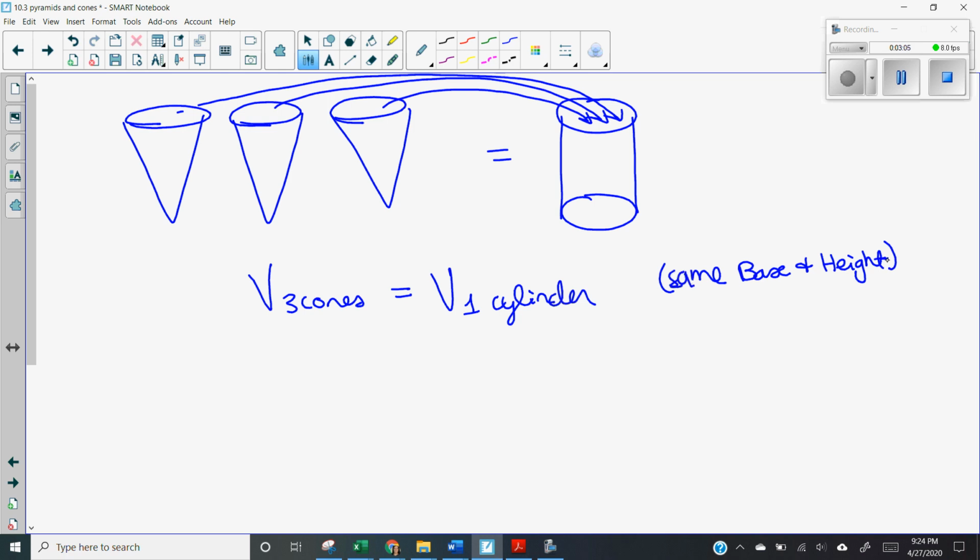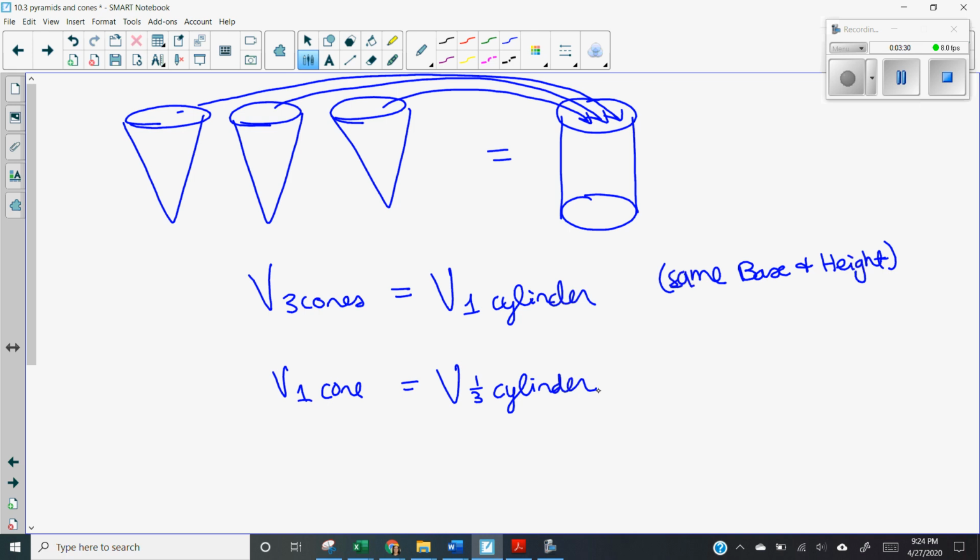We really just want 1 cone. So if you think about what one of those cones would look like, how much of the cylinder would it fill up? Can you answer that question for yourself? If I took 1 cone and filled the cylinder, how full would the cylinder be? It would be 1/3 of the way full. So the volume of 1 cone equals the volume of 1/3 of a cylinder.